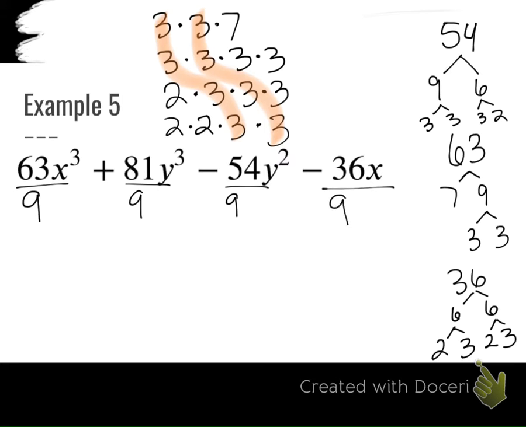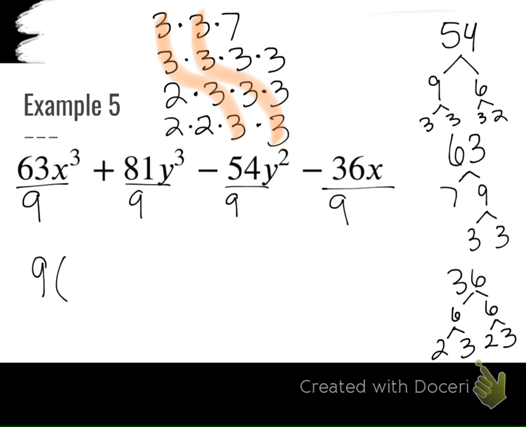Then we go to look at the variables. Looking at the variables, they don't all have the same variable at the same time. So we've got a couple terms that have x's, but not all of them. We have a couple terms that have y's, but not all of them, which means 9 is the only part of our GCF. So 9 goes outside those parentheses that we make.